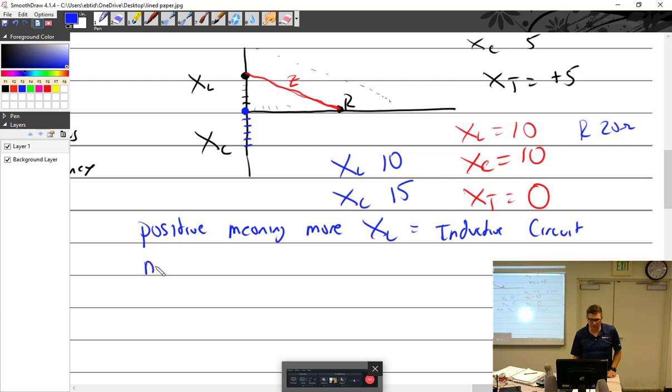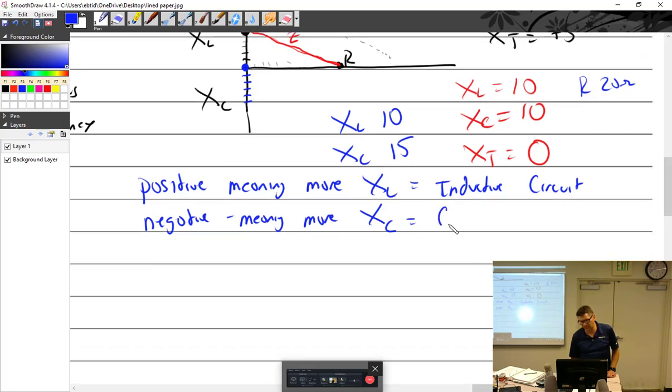If we have a negative, meaning more X of C, then it is a capacitive circuit. That is on the test. Most people miss it. You're going to do all of this work, you're going to come up with an X total, and you go, I don't know how to do it. You shouldn't. So I'm stressing it right now because maybe I don't write it in my notes very well.